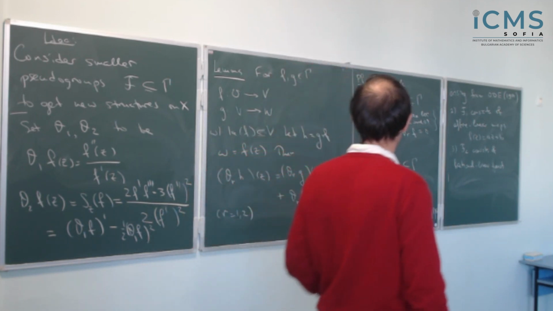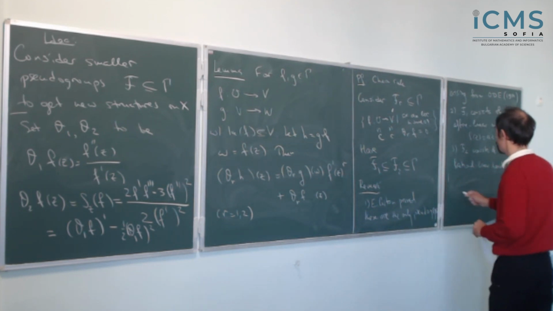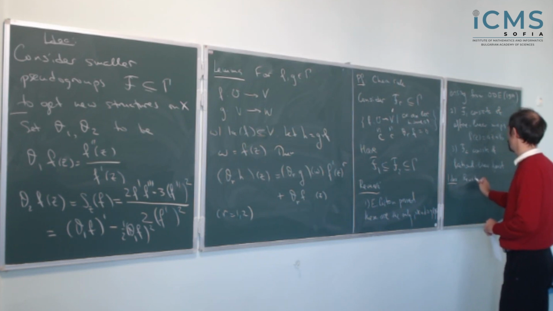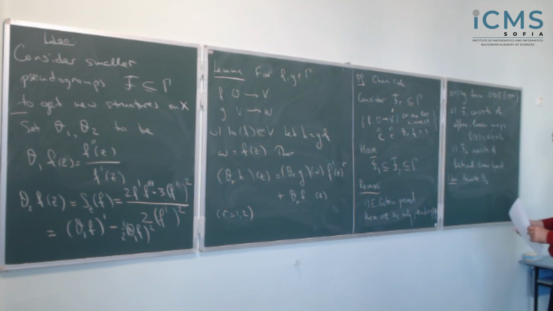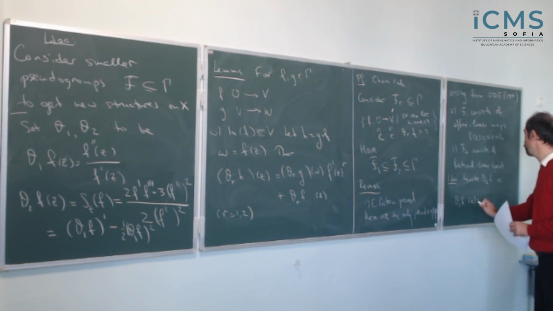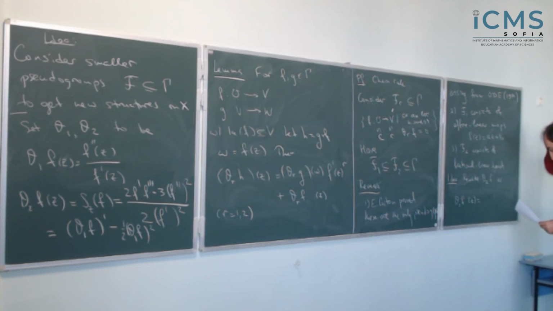Again, where is this coming from? So theta 2 of f at z is, you look at the f prime of z to the minus 1/2, the second derivative of this, minus 2 f prime.